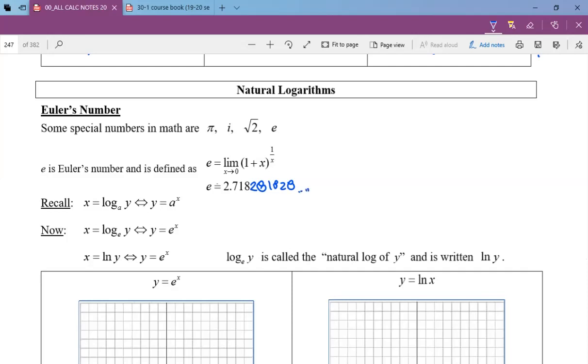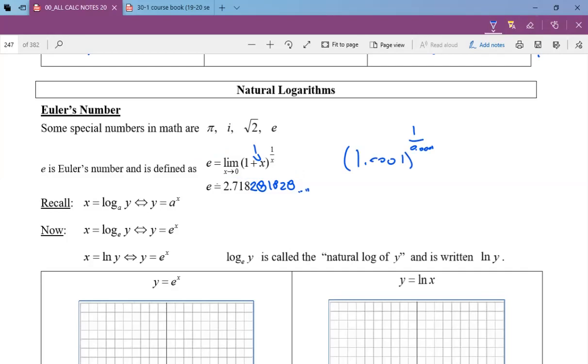There are a few different ways of defining it. It looks like this: the limit as x goes to 0 of (1 plus x) to the 1 over x. When x gets really close to 0, a few things happen with this. When x gets very close to 0, then this gets close to 0, and we have a number that's very close to 1 raised to the exponent 1 over x, which becomes very large.